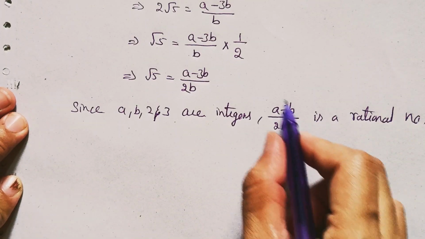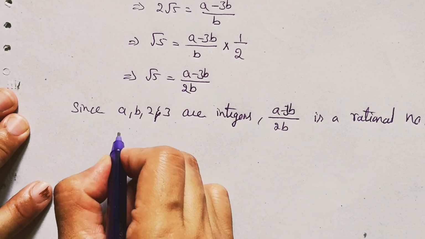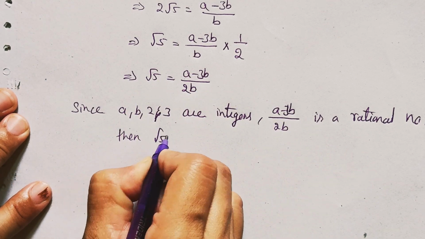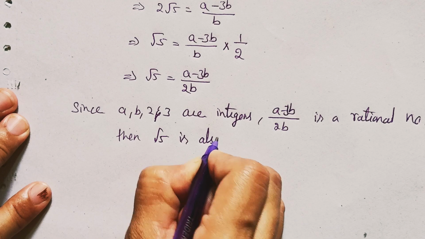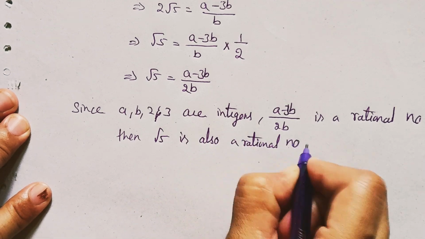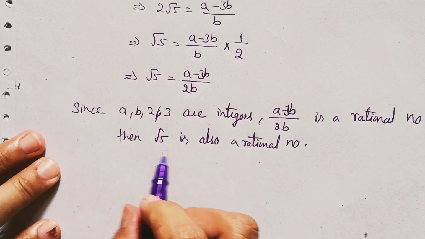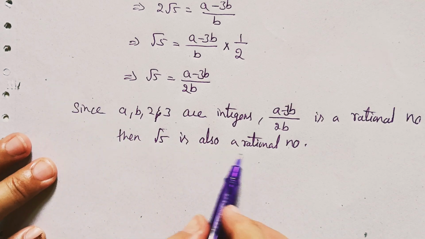So if this is a rational number, then root 5 is also a rational number. But we have proved that root 5 is an irrational number.